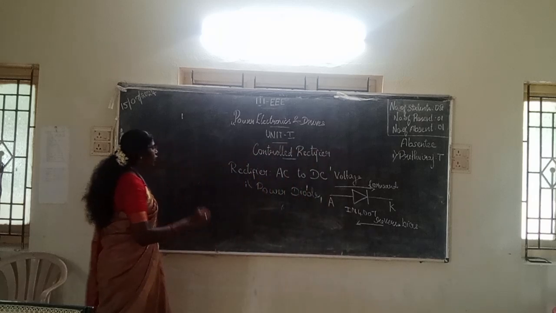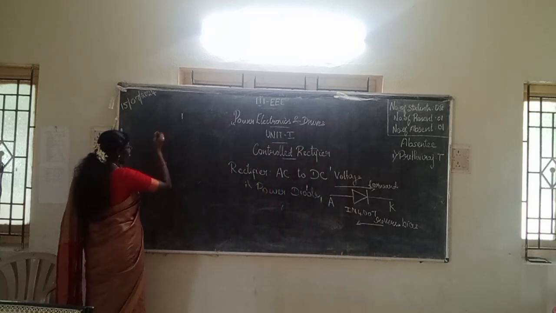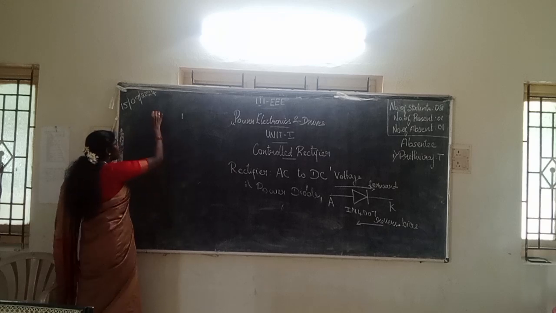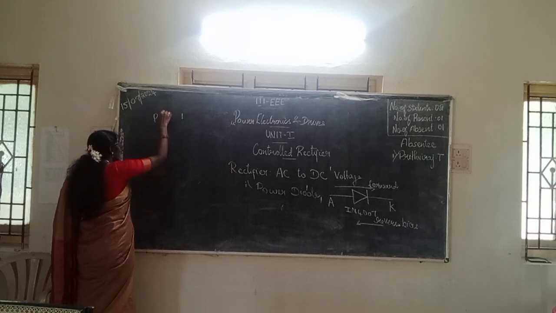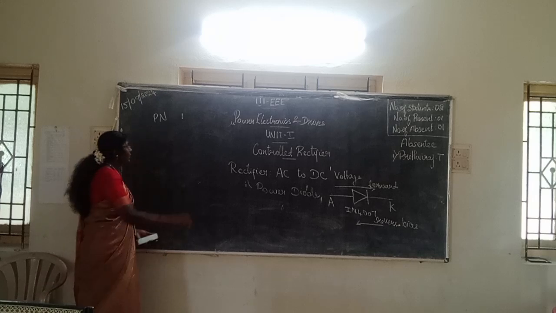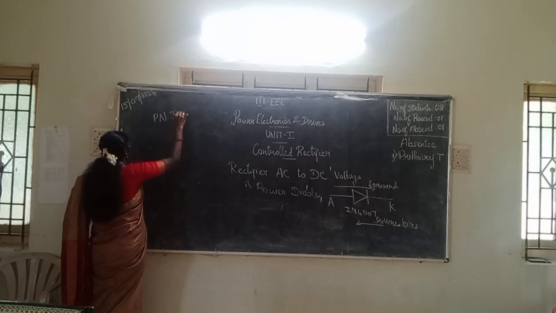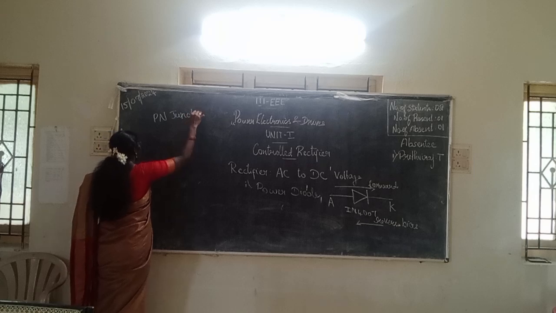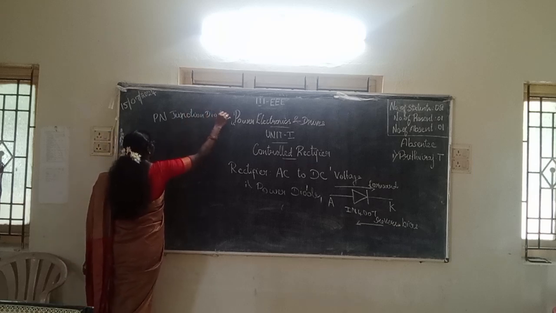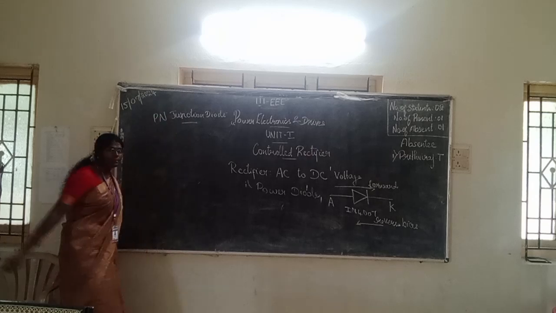For that we will be studying the VI characteristics here. Mostly we will be using what we studied in school: P type semiconductor, N type semiconductor, so we can say the PN junction diode.